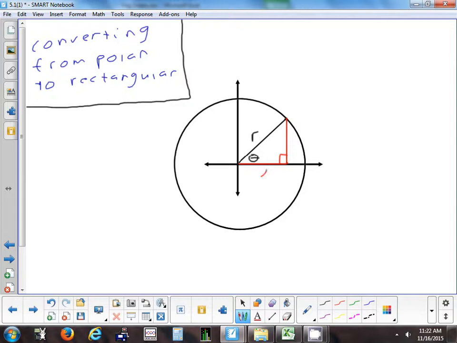So x would be the distance from here to there. That's left and right. Y would be this height from here to here. So our goal is to figure out how far to the right and how far up to get to that point.